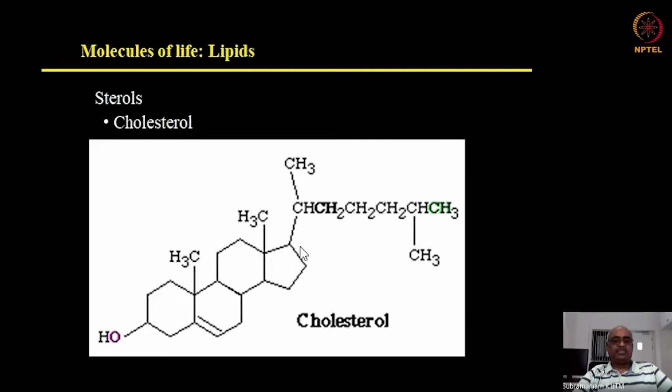This is called cyclopentane, and these three aromatic rings fused in this fashion are called a phenanthrene. So this basic ring unit is called cyclopentano-phenanthrene ring.